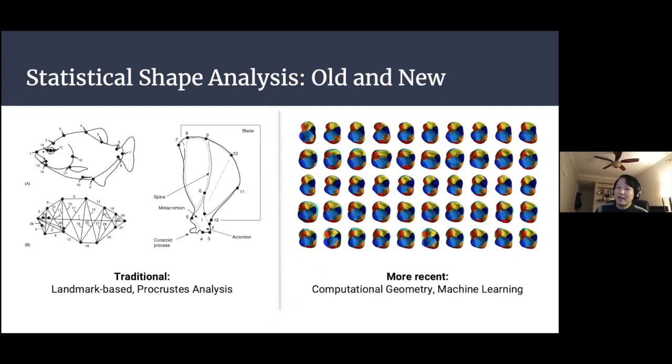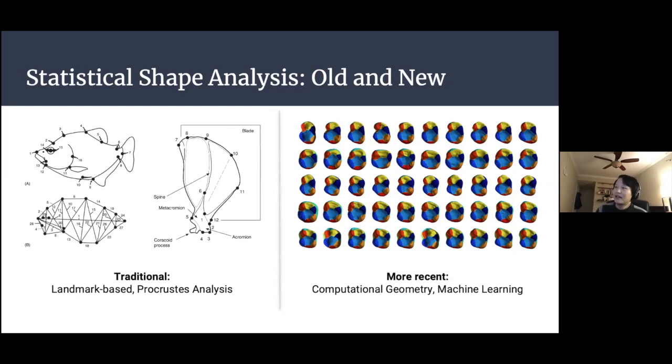But connecting this back to the statistics we are trying to do, the field of studying shapes has a very long history, at least 100 years by now. There is a more traditional approach, which is mostly landmark-based. You drop a bunch of points on each individual specimen, and you remember the number of points and the order of points that are dropped, reducing the comparison of shapes to a problem of comparing just a set of landmarks.